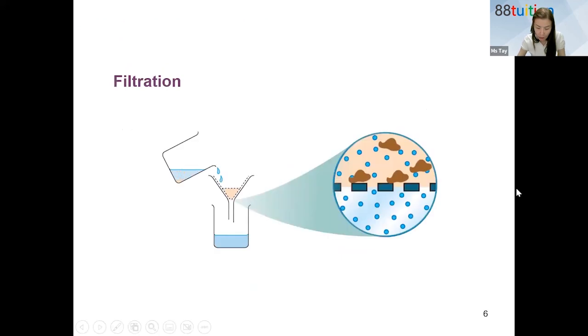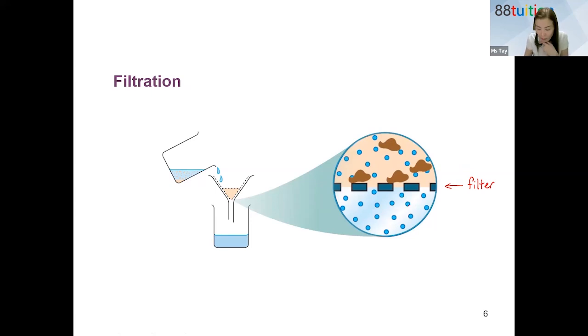Now, what is the principle behind filtration? In the filter paper, you might not see it, but if you were to magnify it many times, you can see the gaps. This is the filter paper, and this is what is happening after you pour the mixture through it.